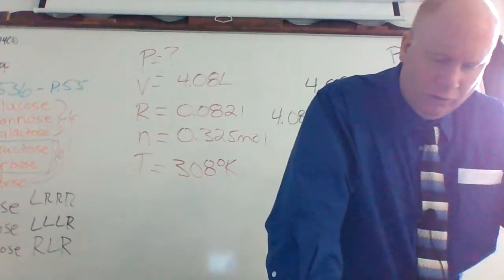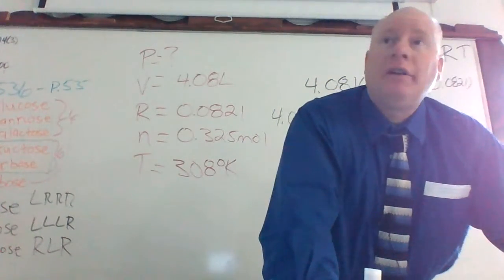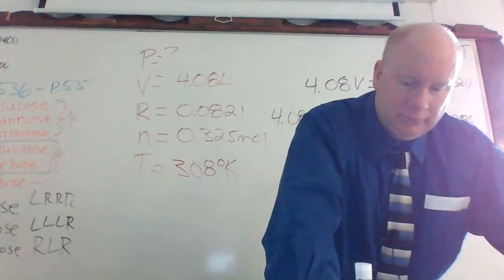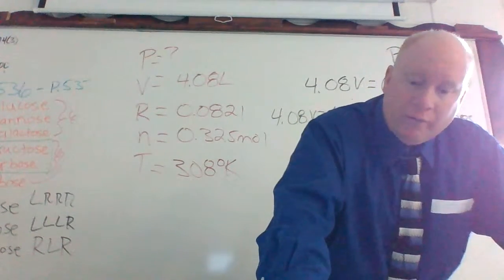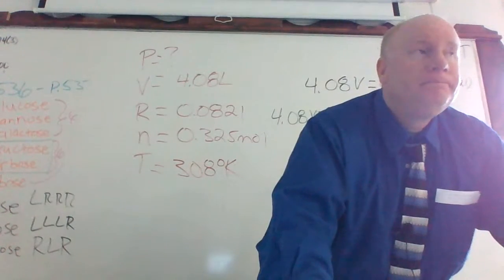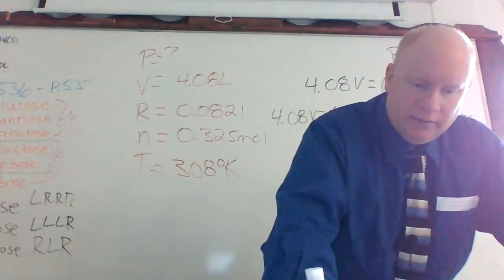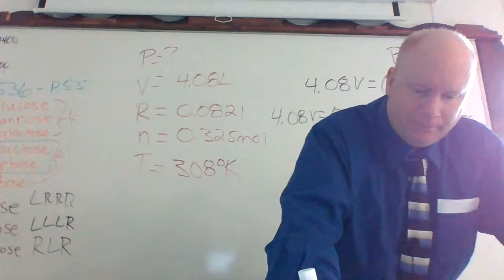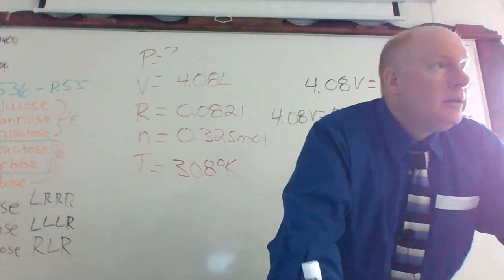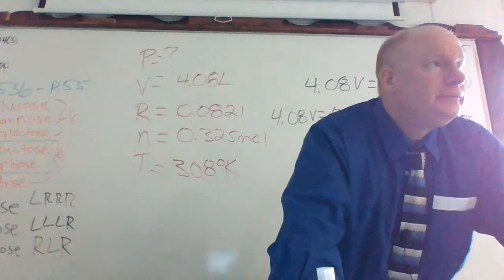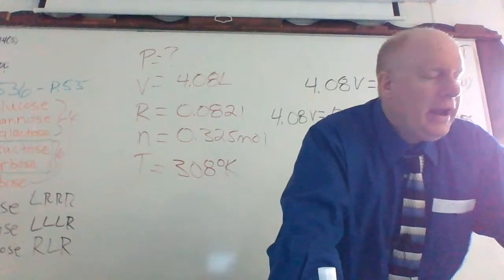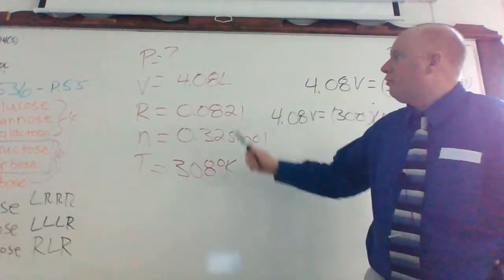Do you want to do number 2, or is that something you'd rather work on for yourself? If you're wondering what you get, somewhere around 4 for number 2, 3.98 or somewhere close to 4. When we do this, we have to do it in atmospheres. So if it's asking for the pressure in kilopascals, we use the pressure given.